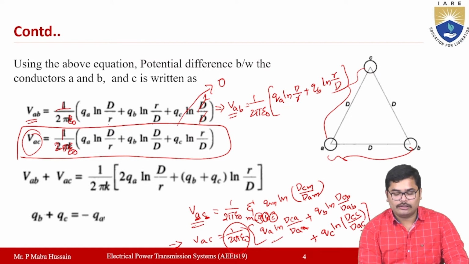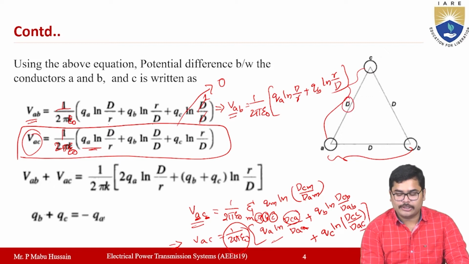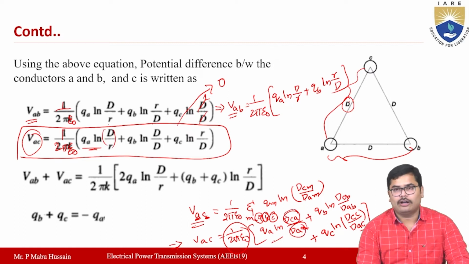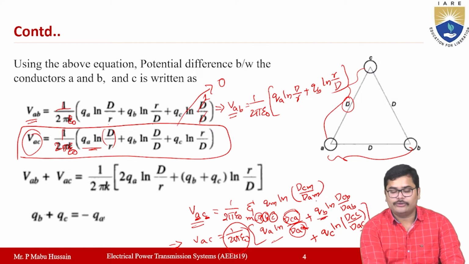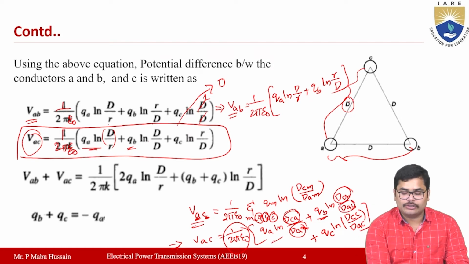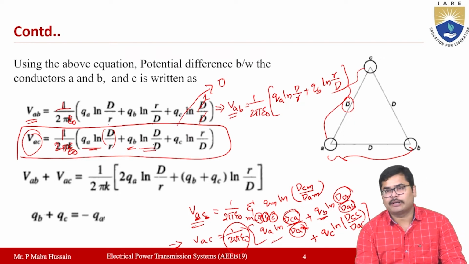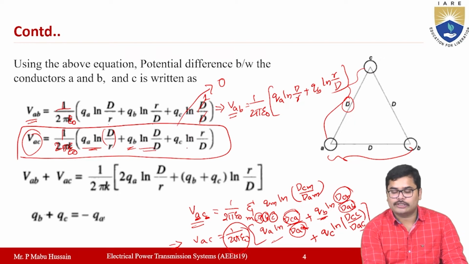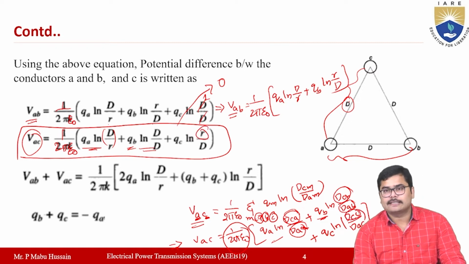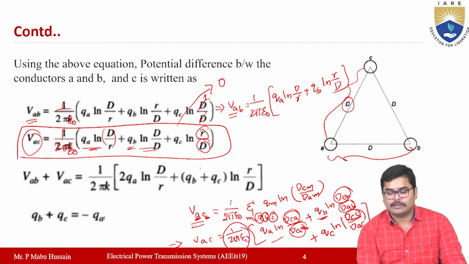Then QA ln, where the distance DCA is nothing but capital D, and DAA is equal to the radius of the conductor, so D by R. Plus QB into ln, where the distance between C to B and between A to B are both equal to capital D, so the second term is ln D by D. Plus QC ln, where DCC is nothing but R, by DAC, which is capital D. So this equation you will get.